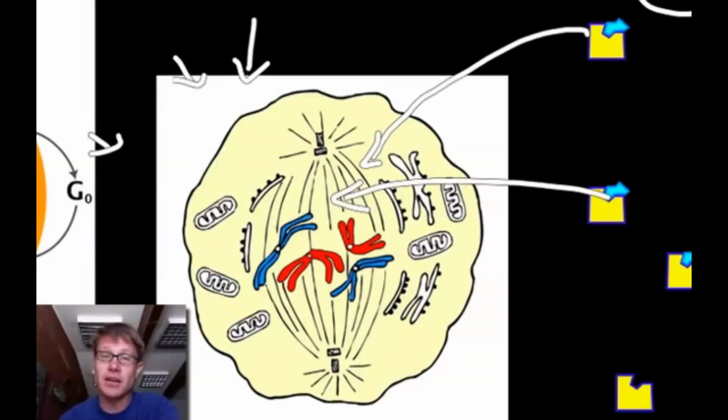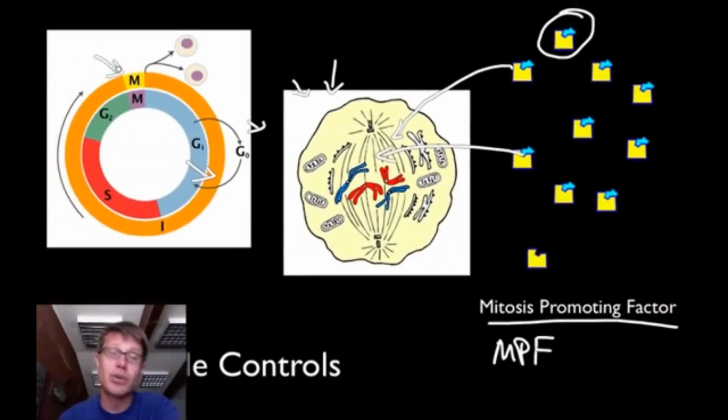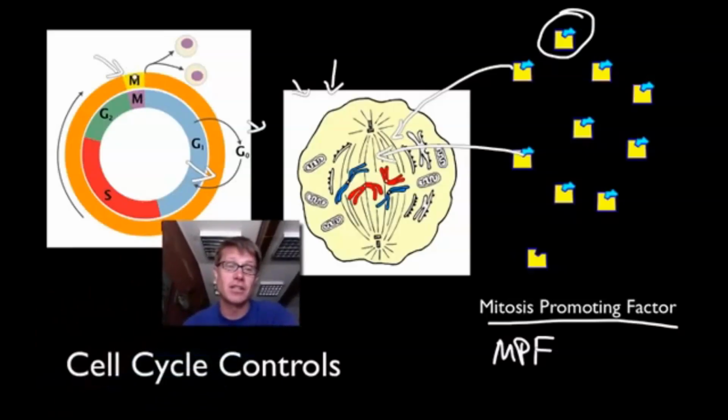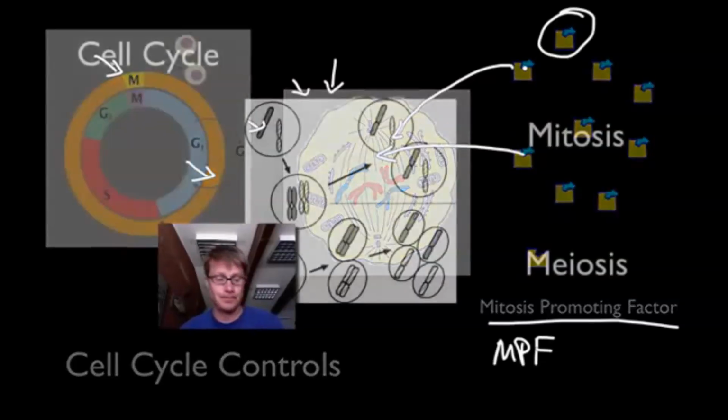All of these together push the cell into the mitotic phase, the next step of the cell cycle. The neat thing is that after they've done that, they'll gobble themselves up, they'll disappear, and then the whole cycle begins over again.